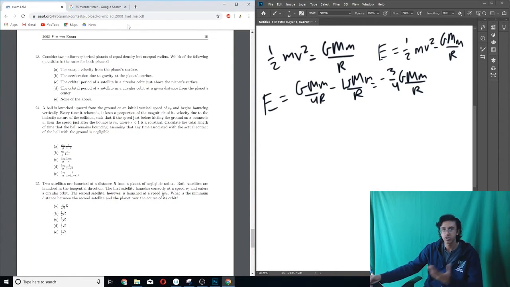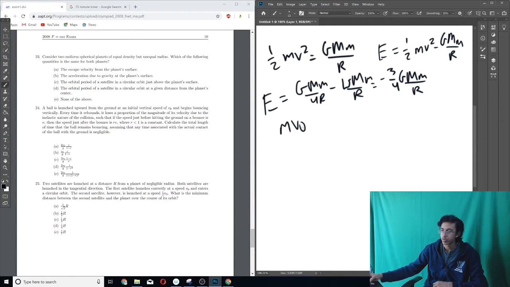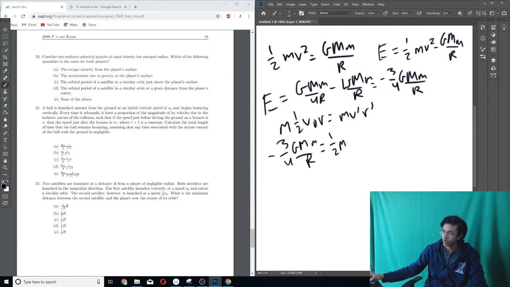Okay, we could use two equations. So first, we know that angular momentum is conserved. So we have m v0 times 1/2 v0 r is equal to m v prime r prime. And then our energy is also constant, so negative 3/4 GMm over r is equal to 1/2 m v prime squared minus GMm over r prime.